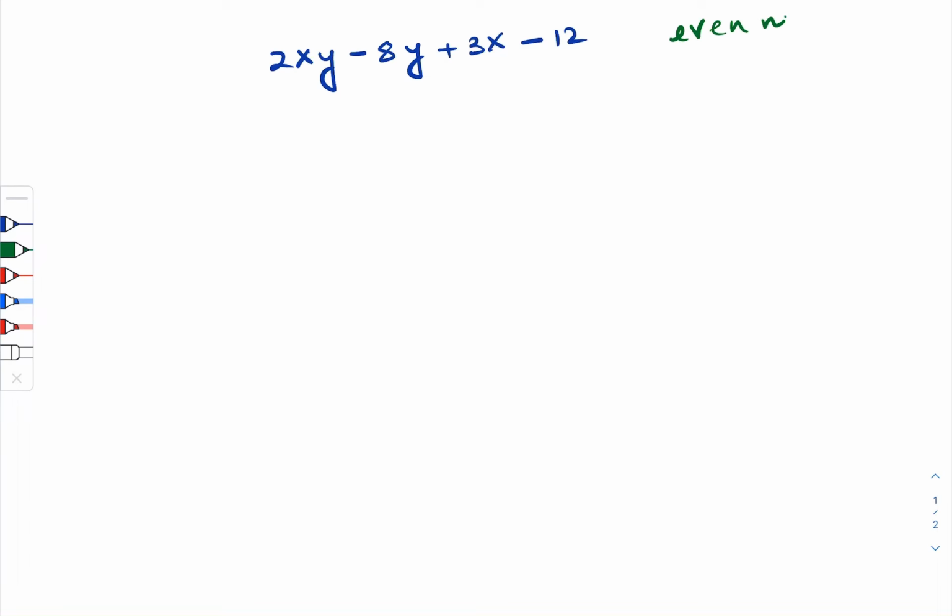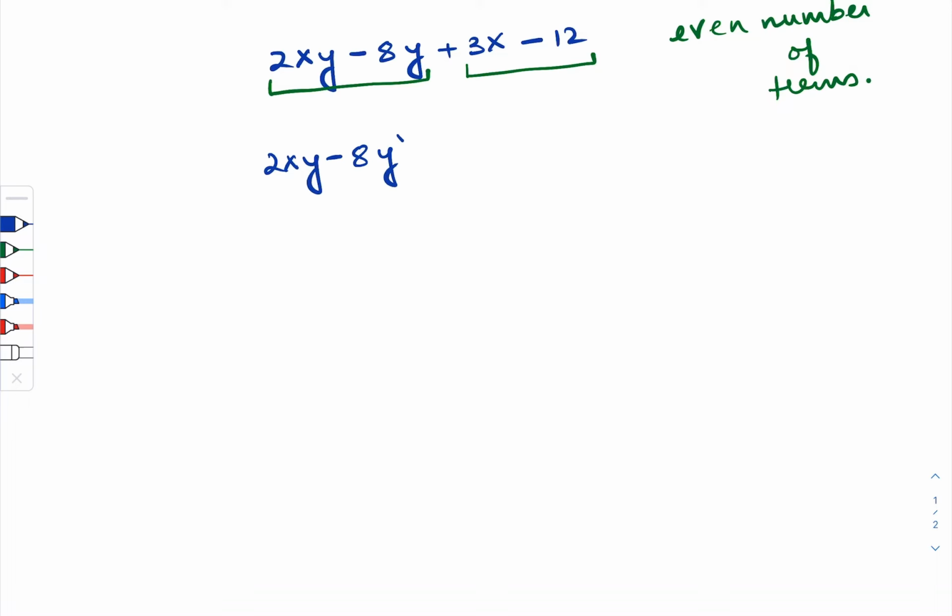Whenever you see an even number of terms, think of grouping them in pairs. I'm going to take the first pair, 2xy minus 8y, and put that in parentheses. Then I take the second pair and put that in parentheses, separated by a positive sign in between.